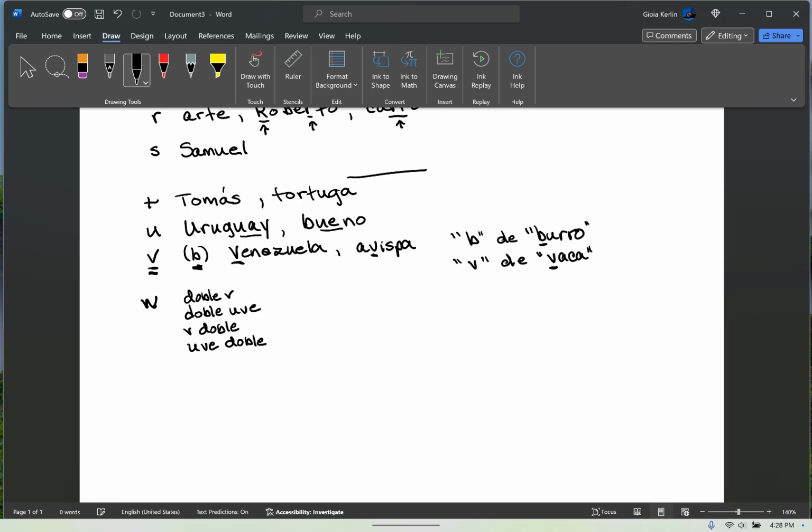But it all means W, right, in English. The good thing is it always has the same sound as in English. It's wa. We don't use that sound very often in Spanish. We don't use it for spelling very often, but sometimes it's like the letter K. If you need to write a non-Spanish word that has a W in it, then you're going to use it. For example, if someone's name is Walter.